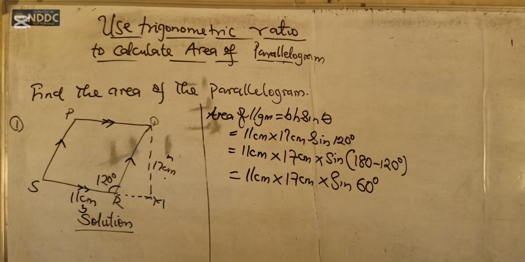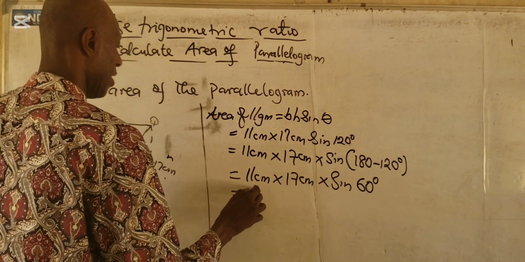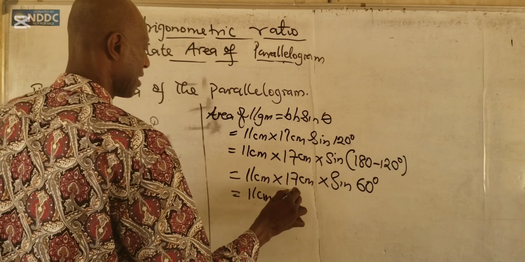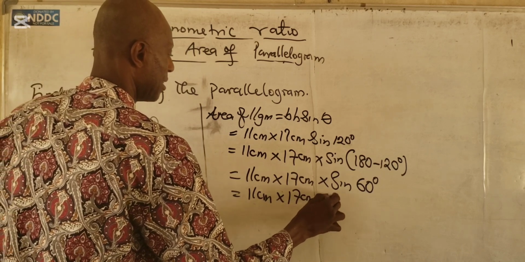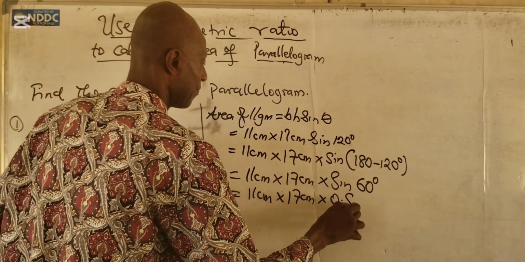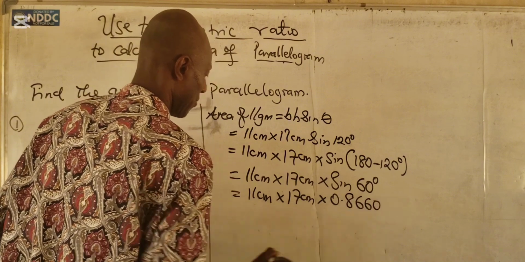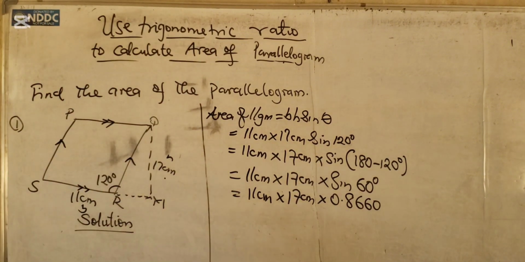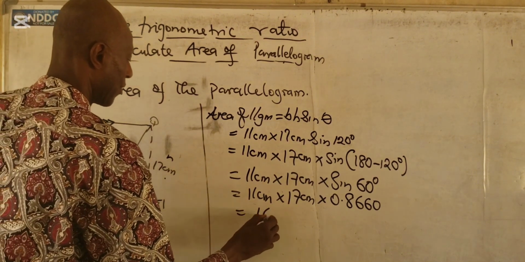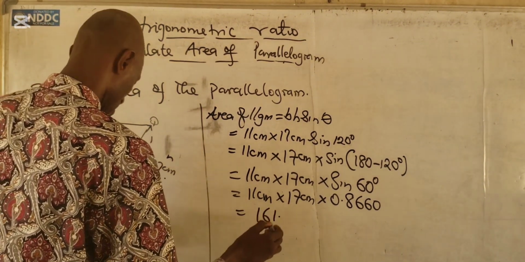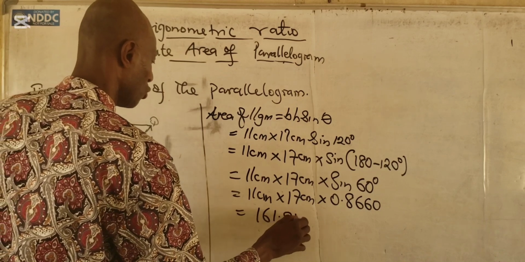So sine 60 degrees, what does it give us? Now, here is 11 cm times 17 cm times 0.8660. So when you multiply 11 times 17 times 0.8660, it gives us 161.942.